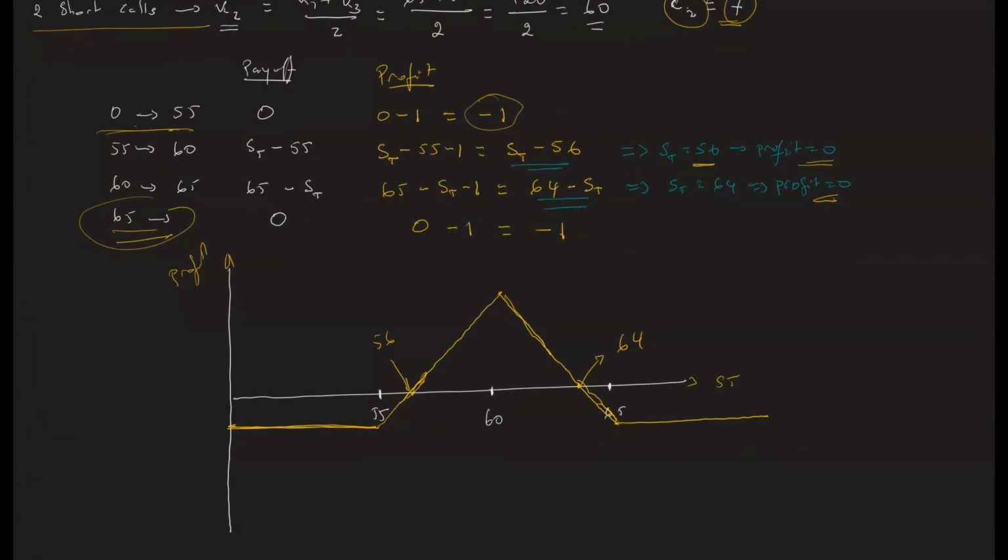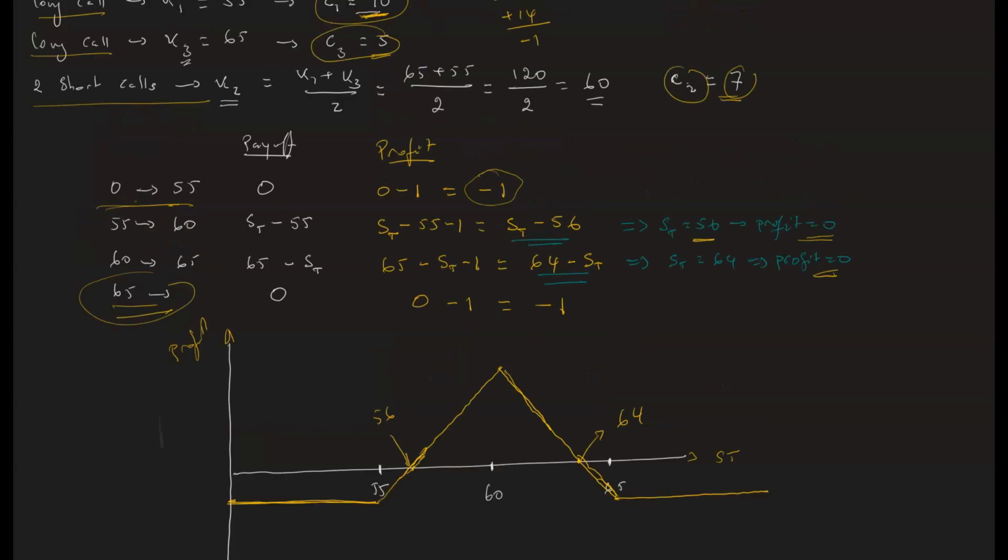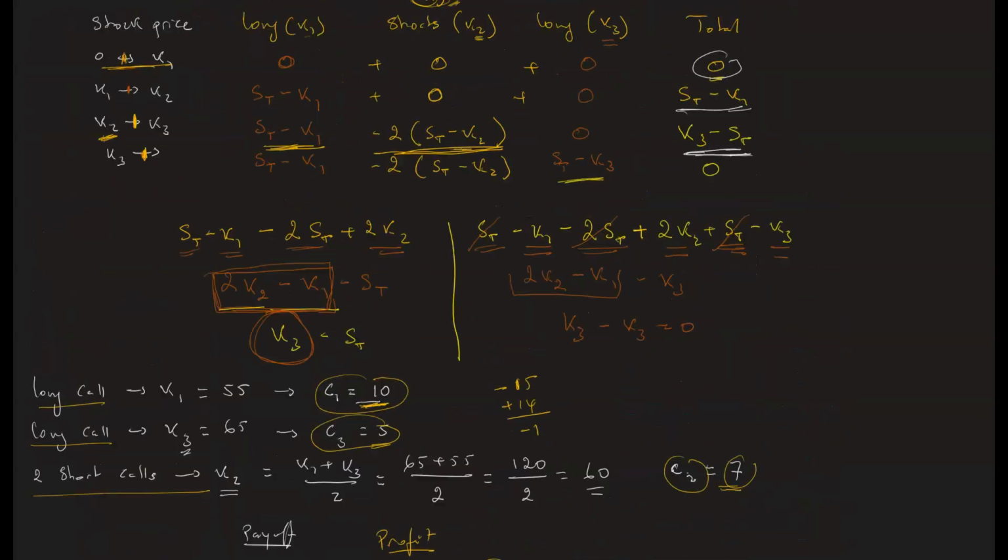Now, as usual, when we play with the bull spread, we use bull spread using calls. We use bear spread using puts. Here we're using butterfly spread using calls. I'm going to leave butterfly spread using puts up to you to construct. But the procedure is the same. Just remember what the payoff looks like when you're constructing this table.